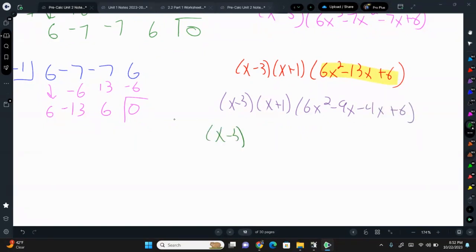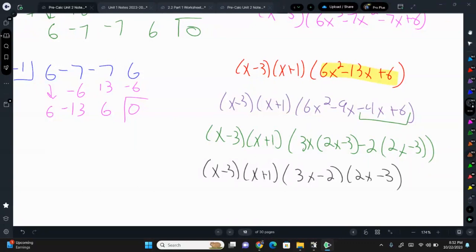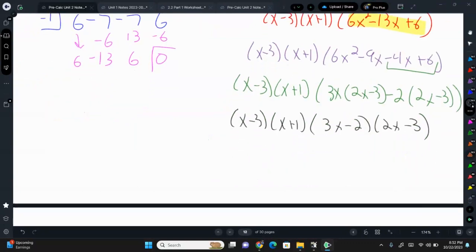So then we have x minus 3 times x plus 1. And then we can factor out a 3x, and we're left with 2x minus 3. Factor out a negative 2, and we're left with 2x minus 3. So then our final factored form is going to be this, which then makes our zeros x equals 3, x equals negative 1.